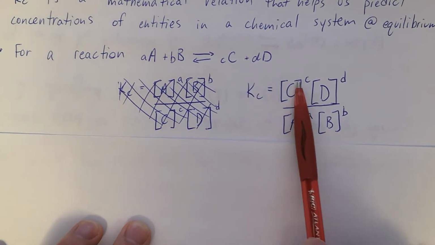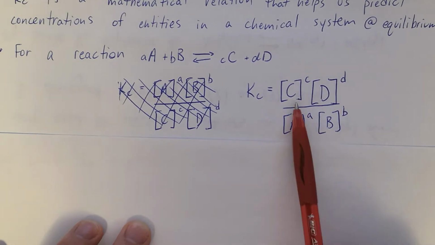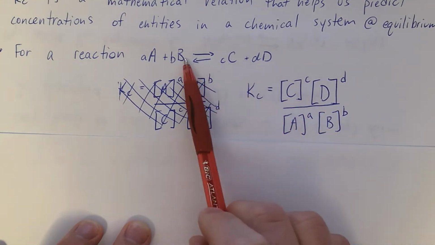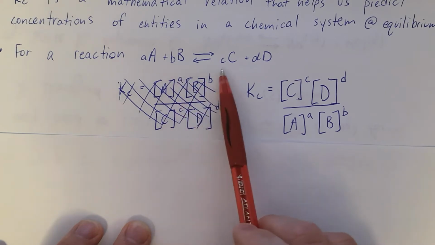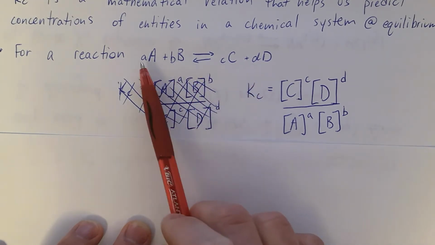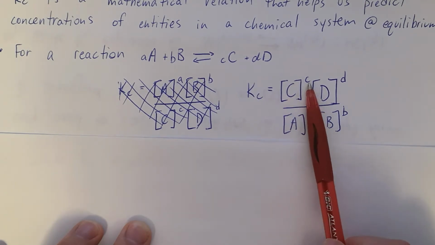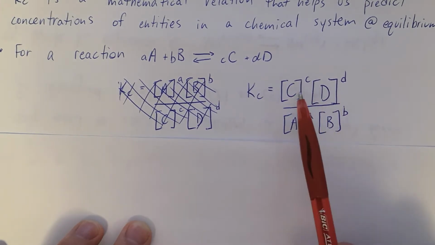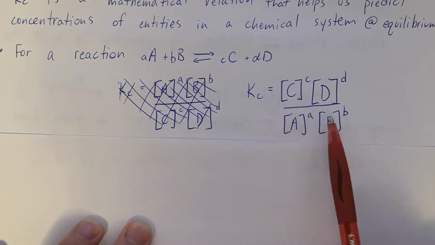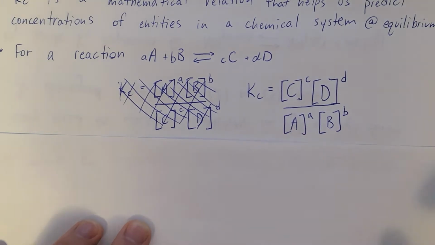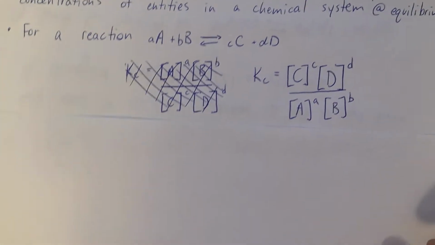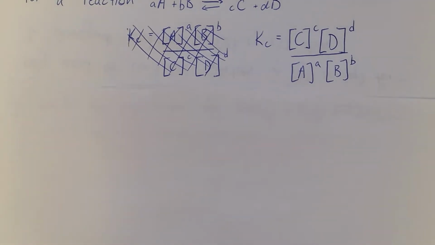Remember, square brackets mean concentration. The capital letters are the actual chemicals, and the lowercase letters are the coefficients. You take each concentration and raise it to the power of its coefficient. Start with the products, multiply them together, and divide by the reactants. Again, if that doesn't mean anything to you, just check out this actual example.